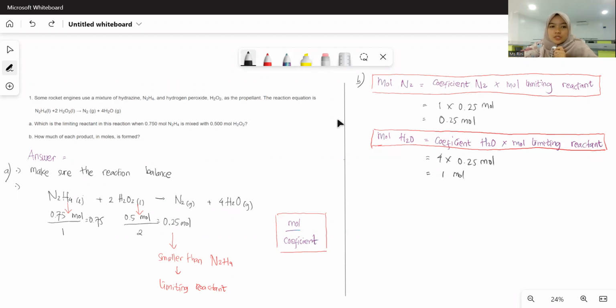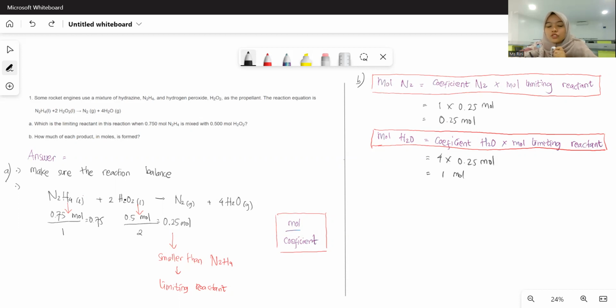The reaction equation is N2H4 liquid plus 2H2O2 liquid produce N2 gas plus 4H2O gas. The question is, which is the limiting reactant in this reaction when 0.75 mole N2H4 is mixed with 0.5 mole H2O2?